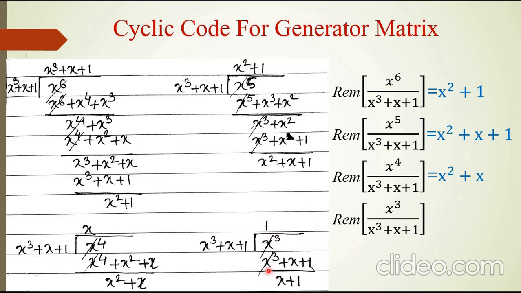In modulo 2 addition, x cube will get cancelled, because if you multiply with 1, it will be x cube plus x plus 1, and x cube will get cancelled in modulo 2 addition. So it will be x plus 1. So remainder is x plus 1 for this case.